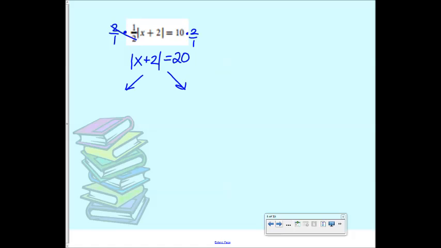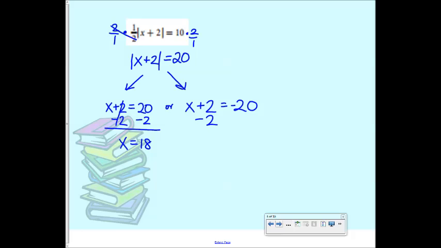So now it splits into 2. And I get x plus 2 equals 20, or x plus 2 equals negative 20. I finish this by subtracting 2 on both sides, and I end up with x equals 18, or x equals negative 22.